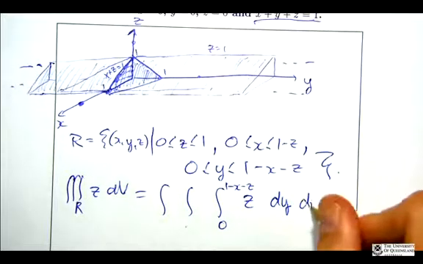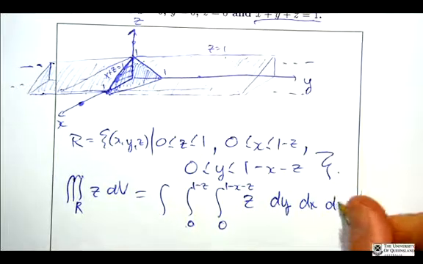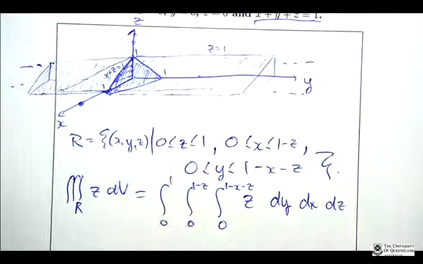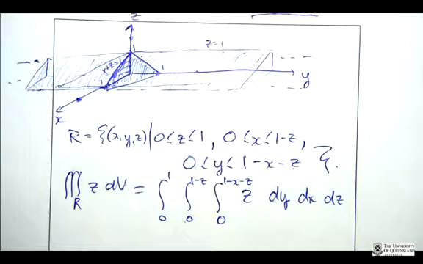Then with respect to x, from 0 to 1 minus z, and then with respect to z, from 0 to 1. Look, guys, maybe as an exercise, why don't you try working out how to apply Fubini's theorem for this example, but using another order of integration, and see if you can work it out.